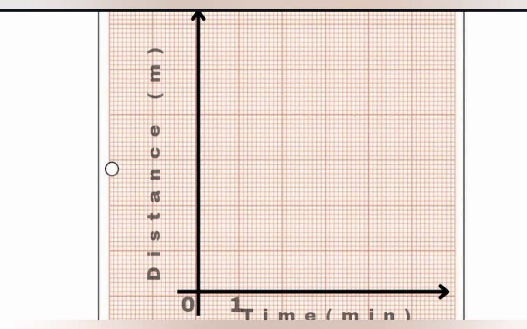Since our scale is 2 centimeters to 1 minute, the first large box we write 1 to represent 1 minute, the second large box 2 to represent 2 minutes, then the third large box 3, fourth large box 4, and the fifth large box 5 minutes. So this is how you write your x-axis for this graph.